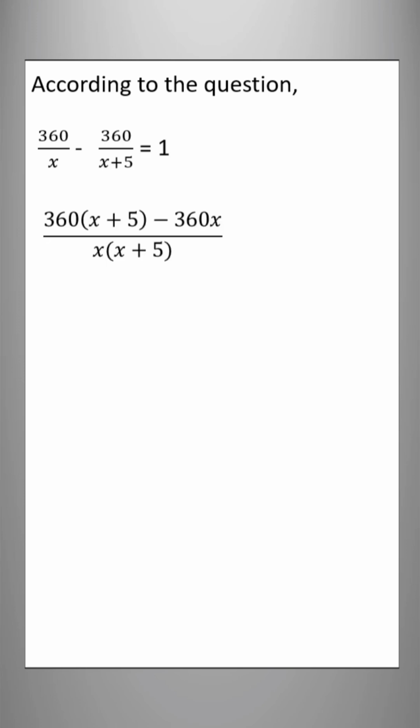On further simplification, you will get 360 into x plus 5 minus 360x upon x into x plus 5 is equal to 1. Here 360 is common, so you can take it outside the bracket and multiply these two terms. So 360 into x plus 5 minus x upon x square plus 5x is equal to 1.